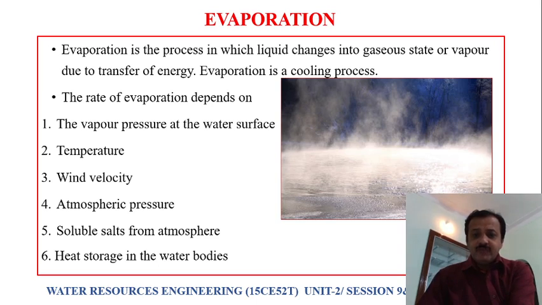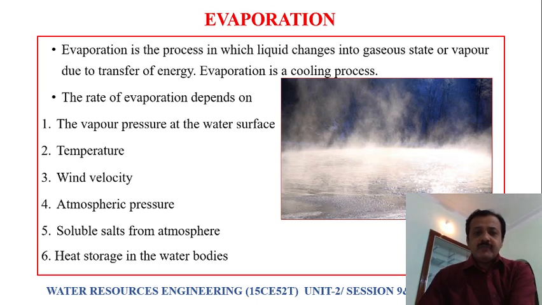Because of these vapors, the water escapes into the atmosphere. It also depends on the vapor pressure at the water surface, temperature, wind velocity, atmospheric pressure, soluble salts from the atmosphere, and heat storage in the water bodies. How much quantity of heat is stored in the water bodies. Evaporation depends on all these factors.